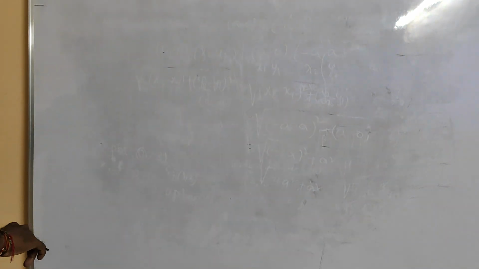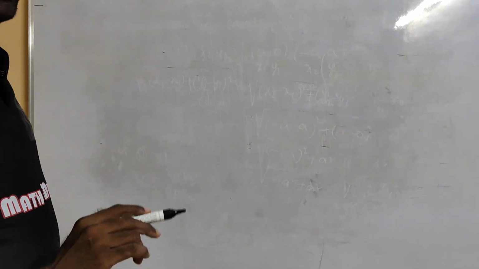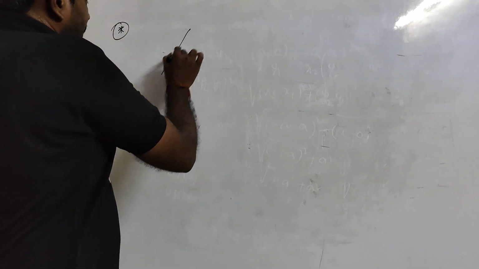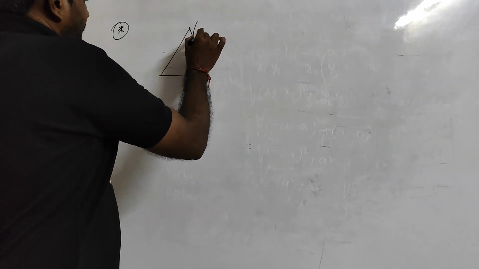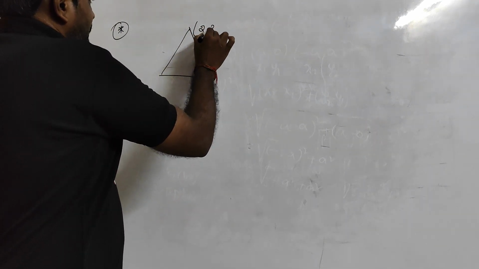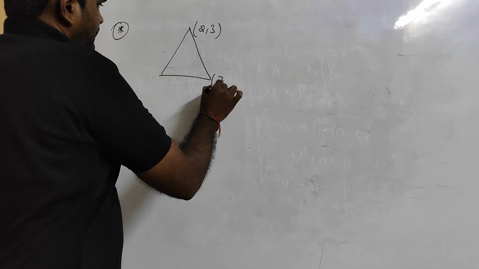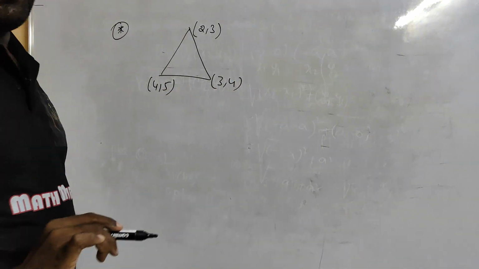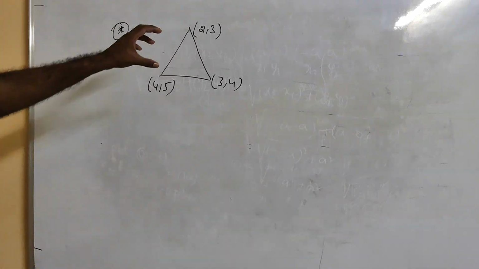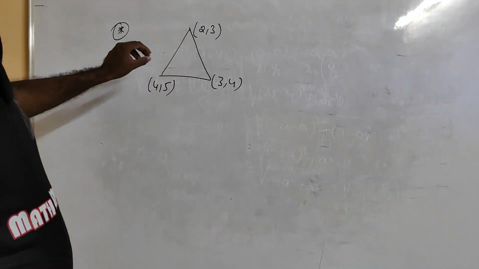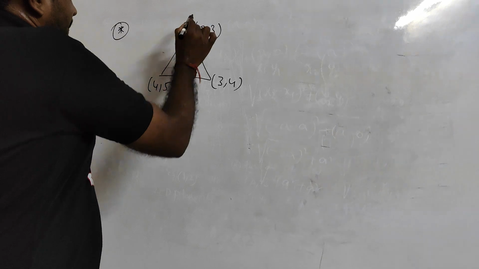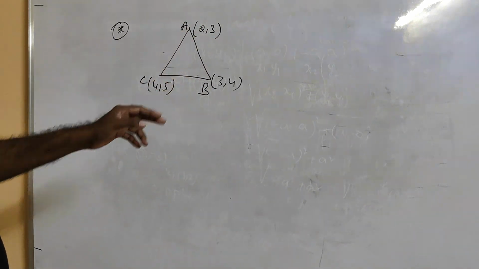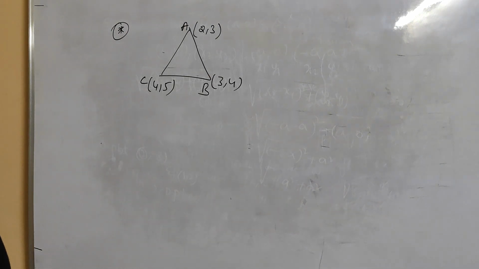See, I am having one triangle which is having coordinates, let us mention with names A, B, C: A (2, 3), B (3, 4) and C (4, 5).